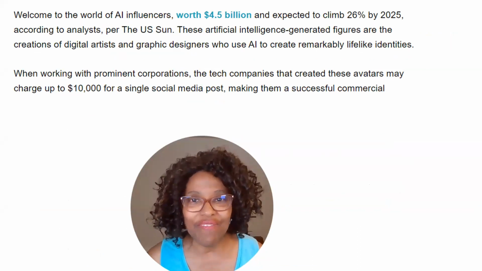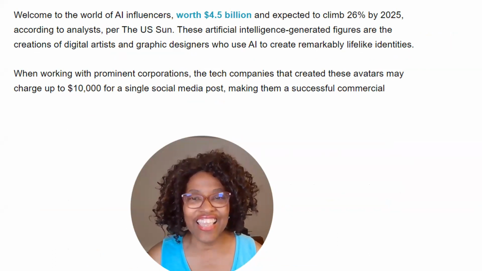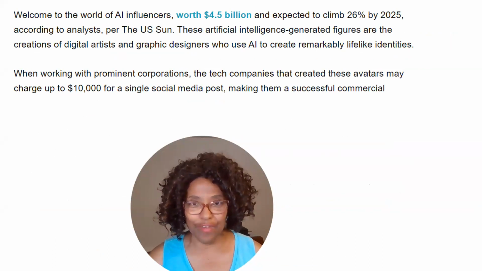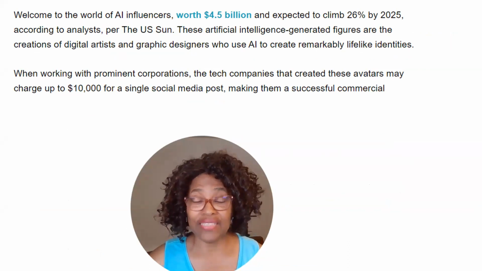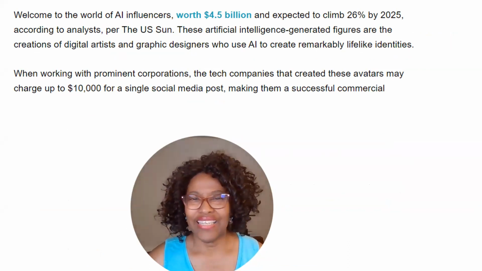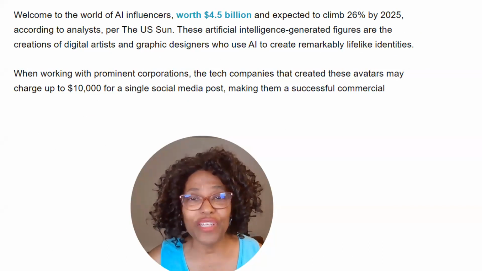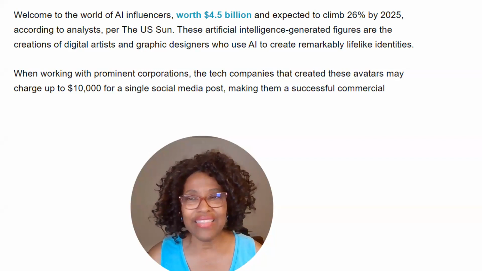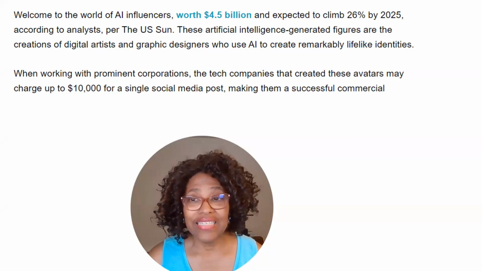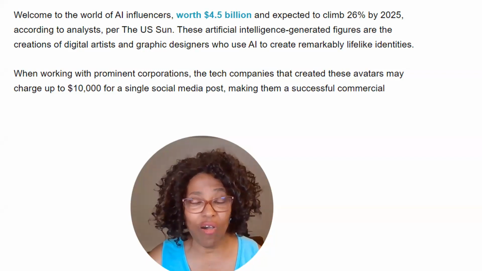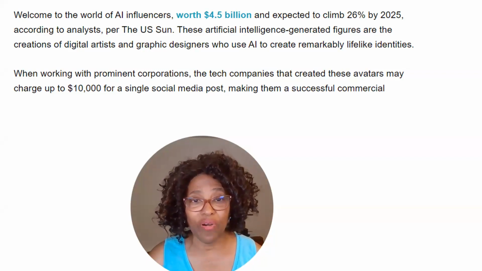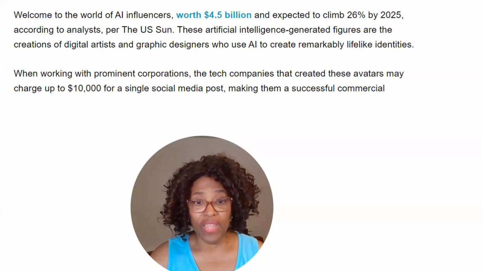Can you believe it? There's such a thing as an AI influencer. There are clothing brands that are hiring AI models to show off their new line of clothing. I mean, that's crazy. These images are photographs or videos. They're not even real people, but it's growing.